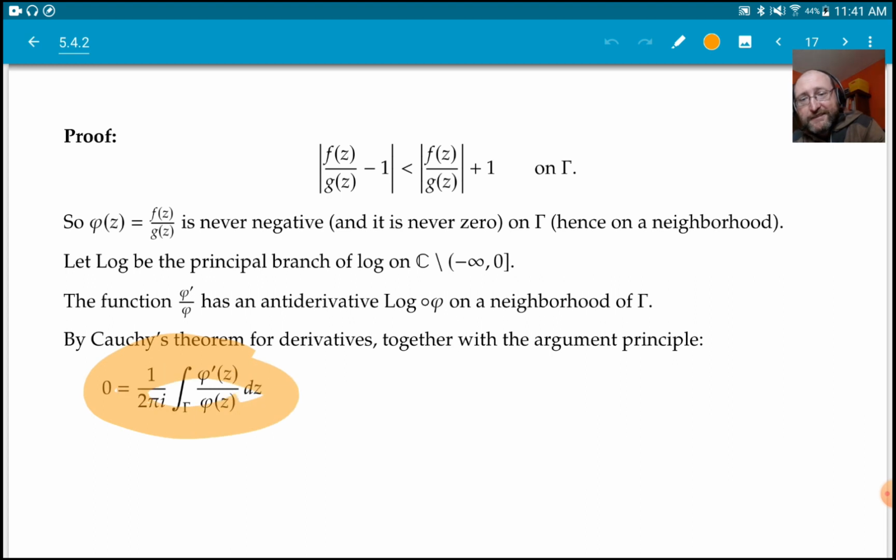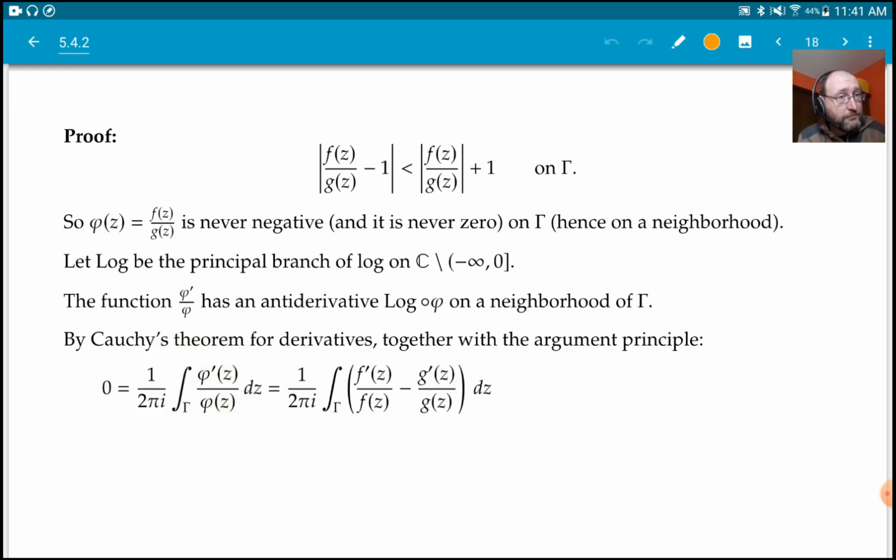So you get that this is true, right? And the integral of phi prime over phi around gamma is 0. Well, if you compute what that is, I mean, phi is f over g. So a little bit of computation gives you, well, that's what it is, right? That's a little bit of calculus.